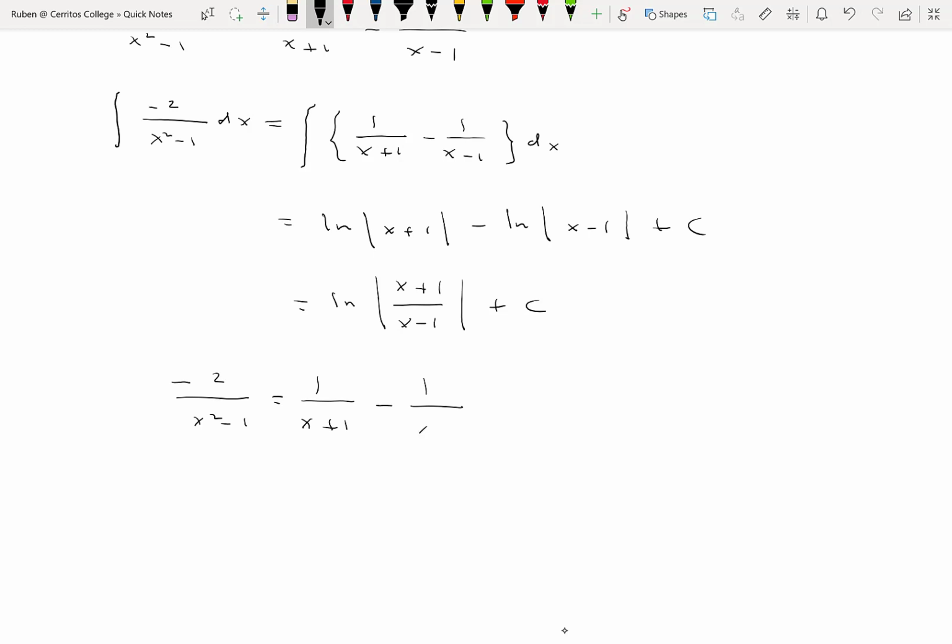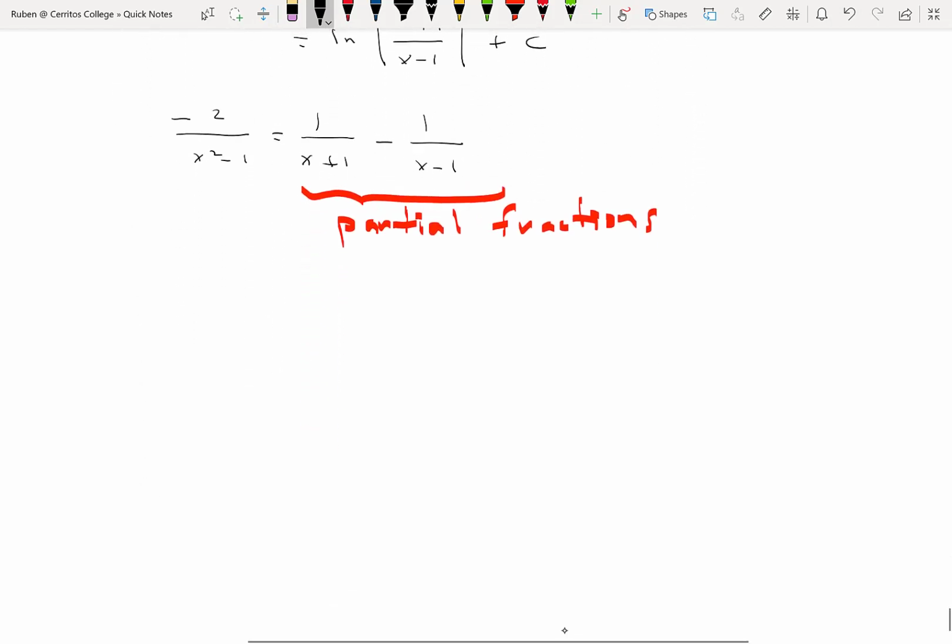Those simpler fractional expressions are called partial fractions. Okay, the idea again: take a fairly complicated, or even not so complicated, rational expression and break it down into simpler partial fractions that are maybe a little easier to evaluate.